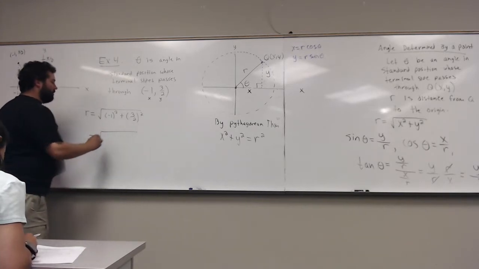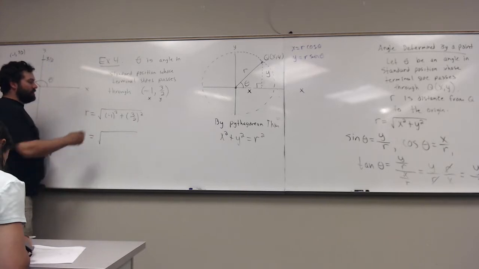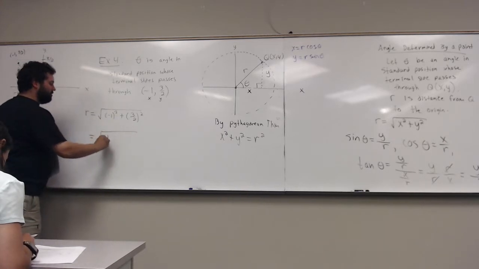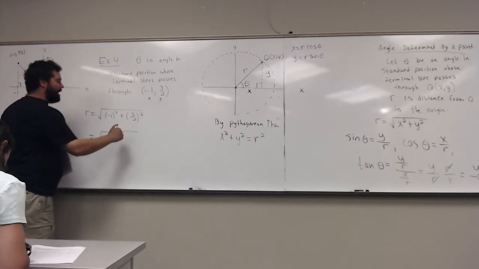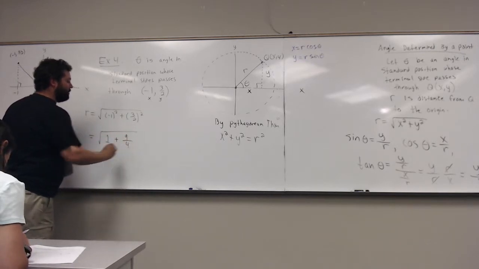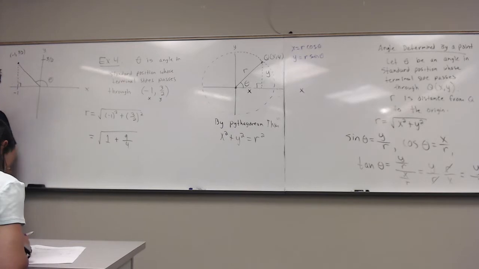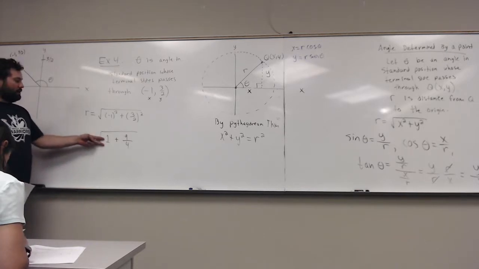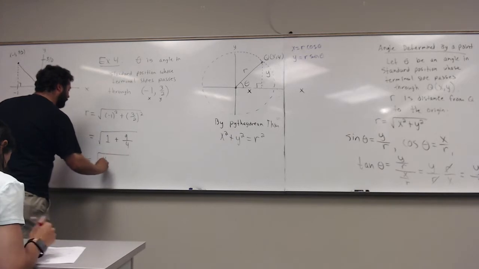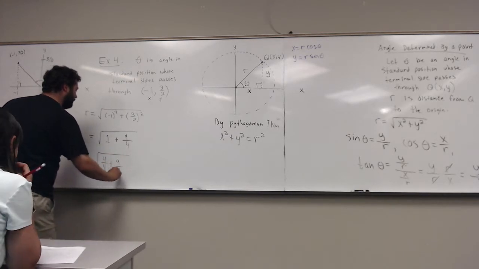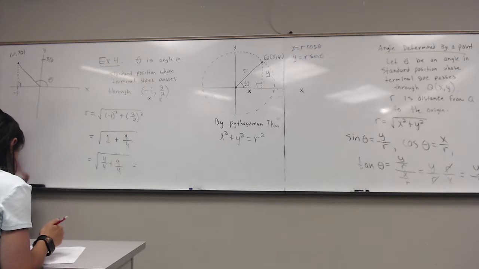Since we're working with fractions, I'm going to do this by hand. -1 squared is +1, plus 3/2 squared, you square numerator and denominator, you get 9/4. So that's 1 plus 9/4. I'll get a common denominator. So this is the square root of 4/4 plus 9/4, since 1 is the same as 4/4.